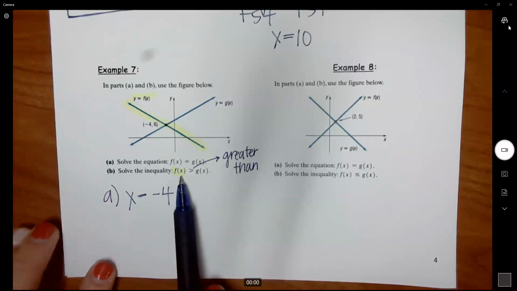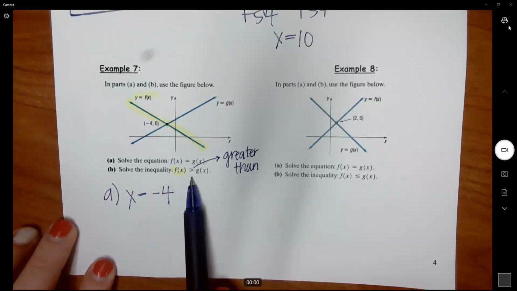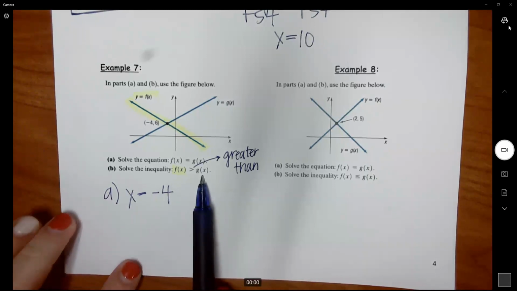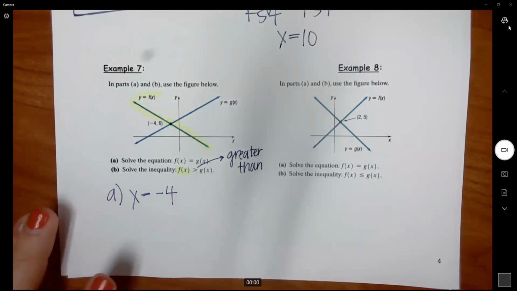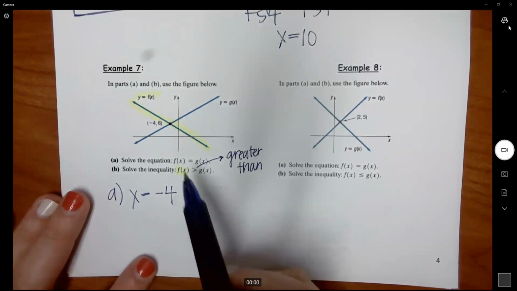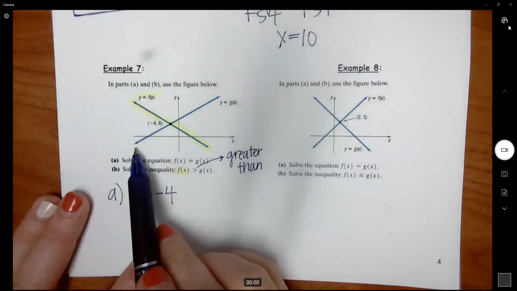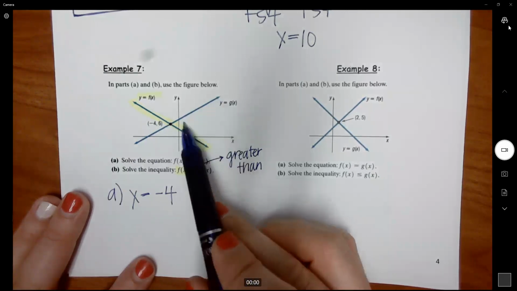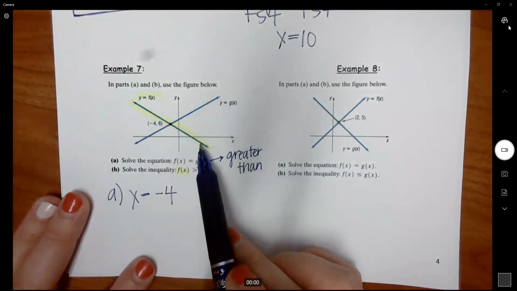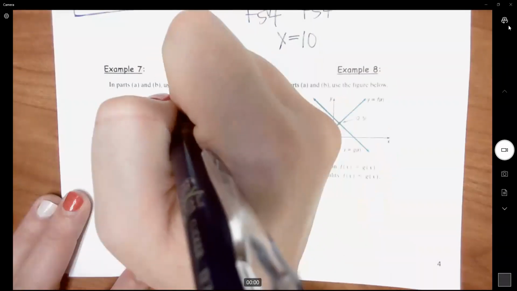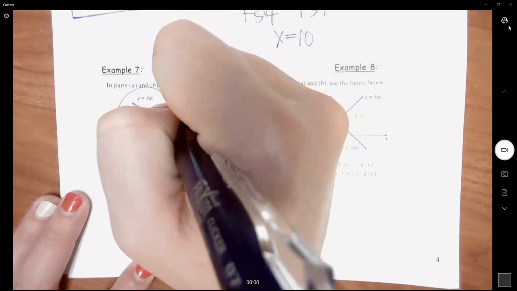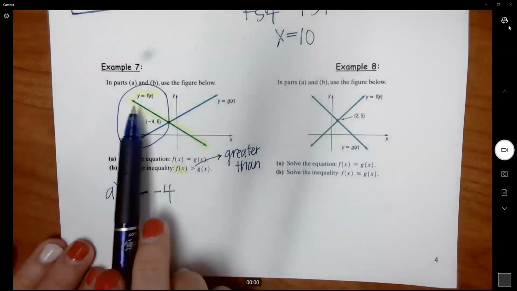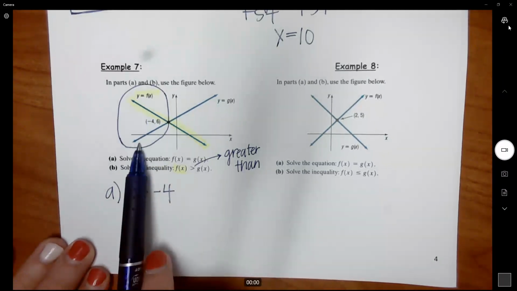So if I want to know when my f of x, or my highlighted portion, is greater than my g of x, my non-highlighted graph, I'm looking when this highlighted graph is above my g of x. And you can see right here, the highlighted portion is above my g of x, but then over here, my g of x, my unhighlighted portion, is now greater than my f of x down here. So we are talking about this portion of the graph. This is when f of x is greater than g of x.